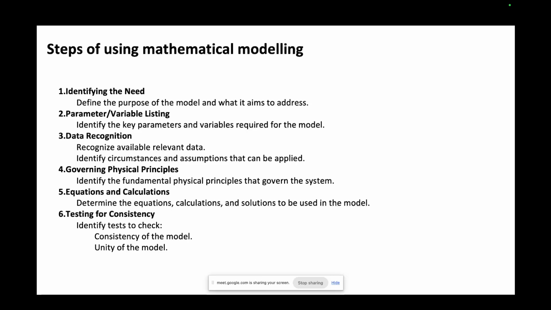Third is the recognition of relevant data. Obviously you need data to first understand if there is a pattern inside the system or not. So understanding the data and understanding relevant patterns, there can be various ways you do this. You either first collect the data and then see if there are patterns, then you try to formulate the question, and then you make a model and understand further.